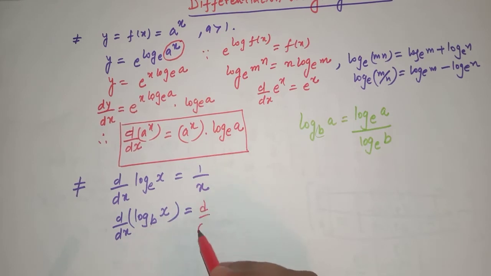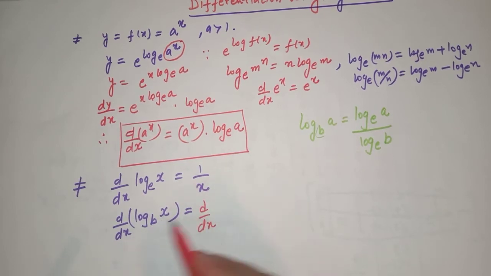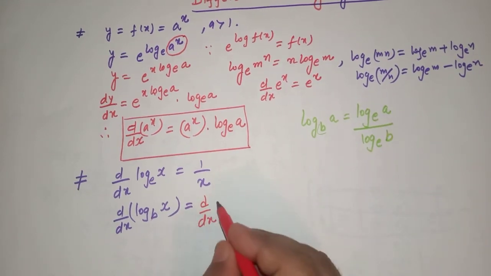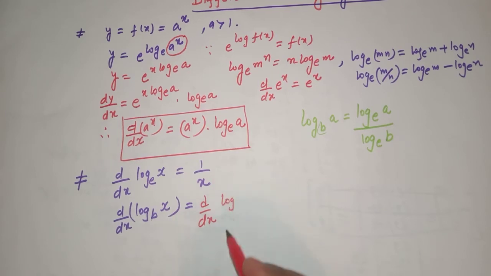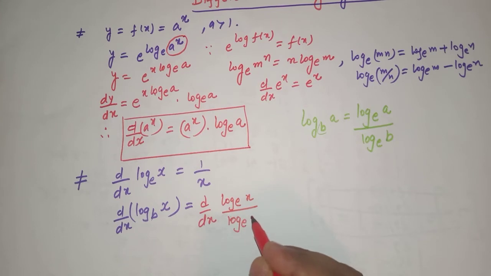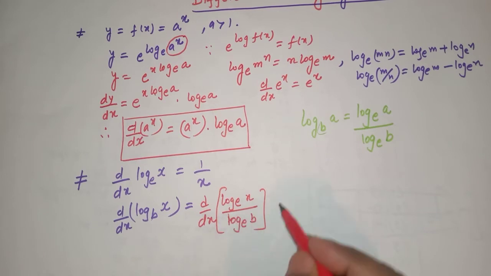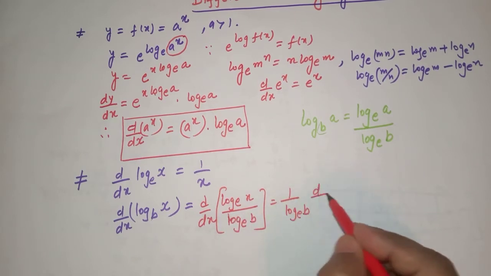So we get d by dx of log x to the base b. We'll change this base b to the base e. So we have log of x over log of b, both to the base e. Clear? Now we see that this term is a constant, so we take it outside the derivative sign.